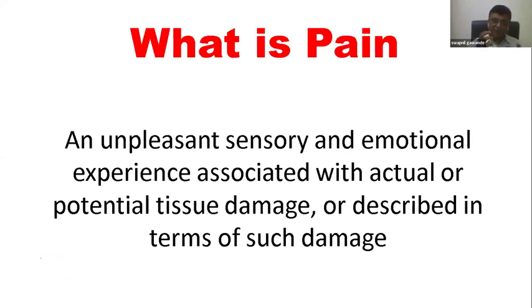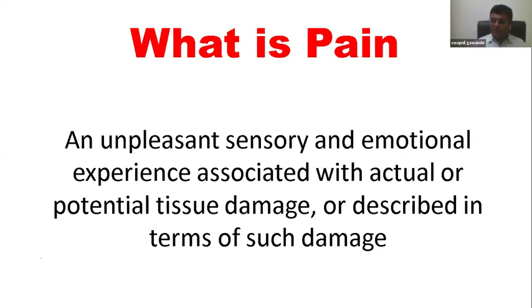When there is a cut, a bursting, or you collide with something or are hit with something, then tissues like muscles, ligaments, tendons, or bones get hurt. That is the tissue damage, and the symptoms arising from that tissue damage are a pain.